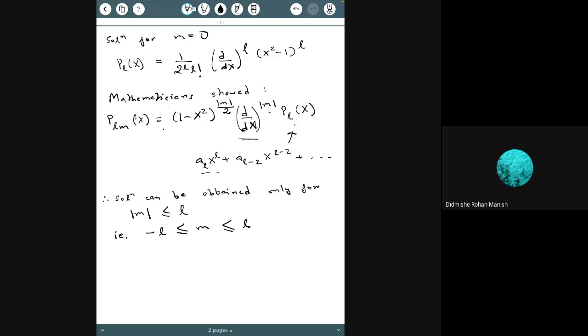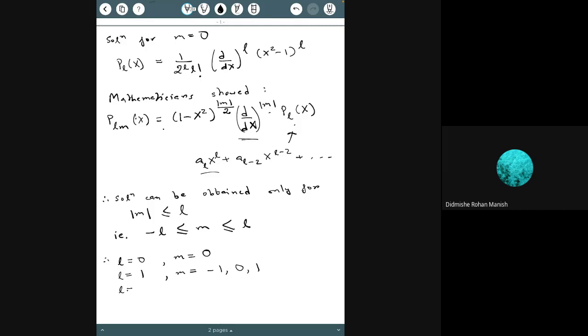So this means that, I'm just writing it a little bit explicitly. If L is 0, then you have solutions only for m equal to 0. If L is 1, then I have solutions for m minus 1, 0, plus 1.